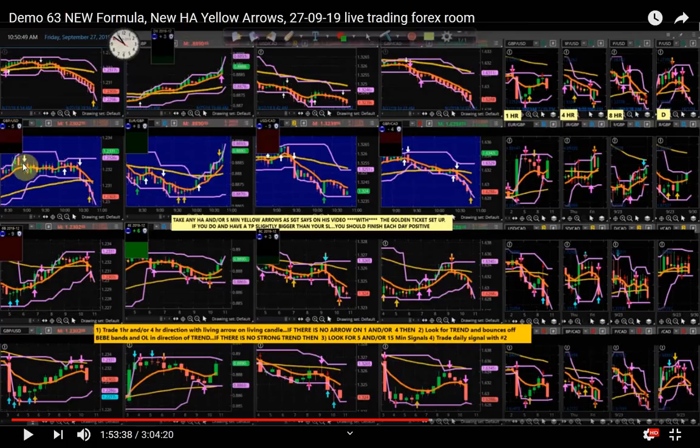Well, okay, that would have won for 5 pips, that would have won for 5 pips, all those trades would have won for 5 pips. But because you had your direction down, you should have only been taking down trades.